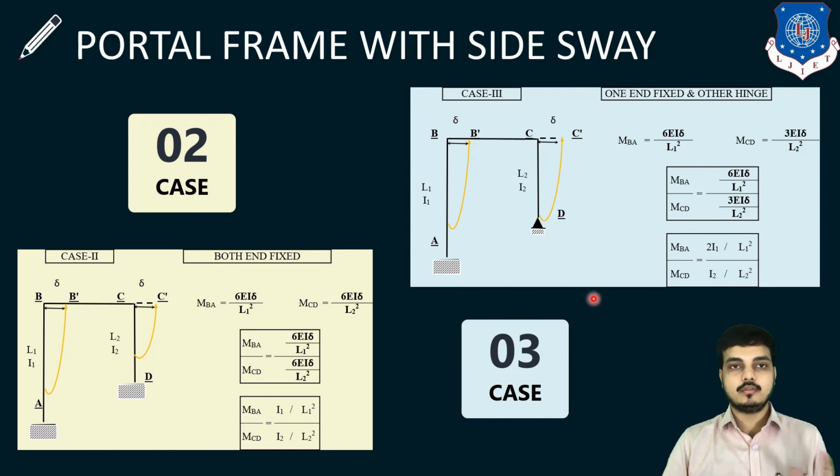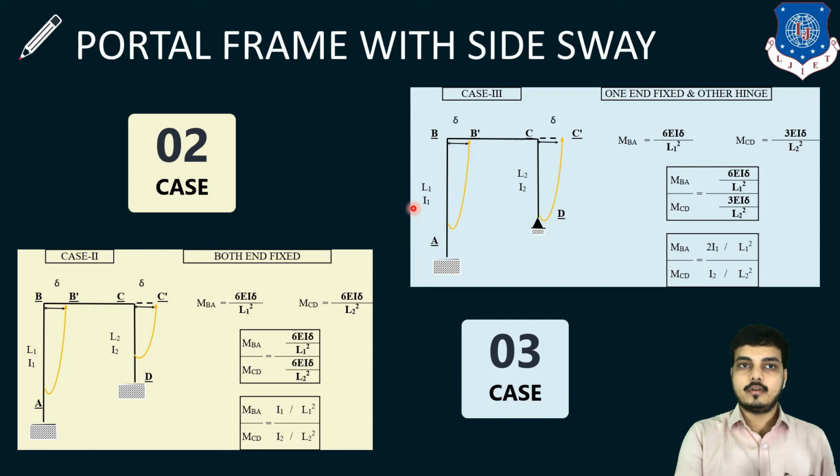And we assume the elastic property of the material is the same, so we cancel out E. So the only varying quantities are I and L. I may vary due to different moments of inertia, and L may vary because of different column lengths.